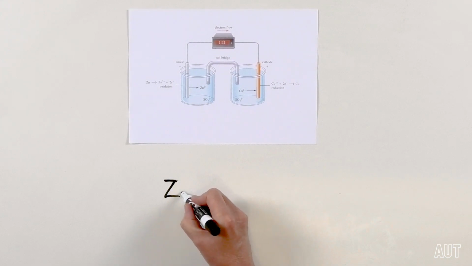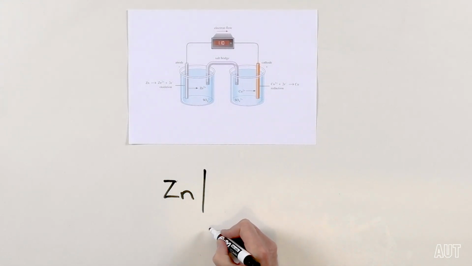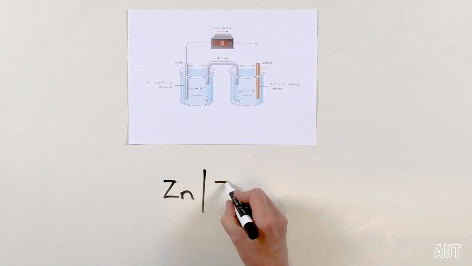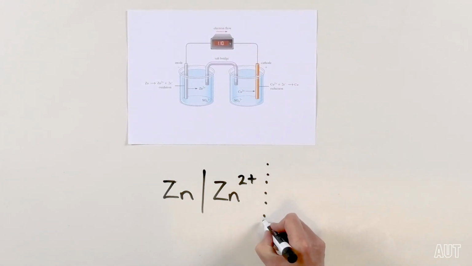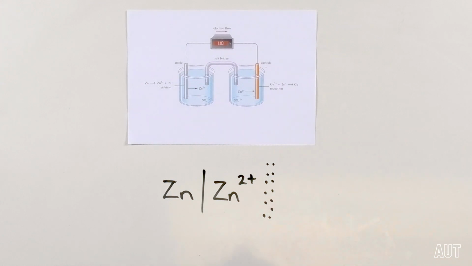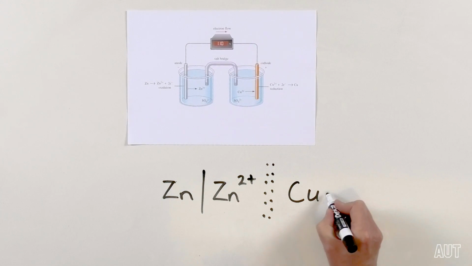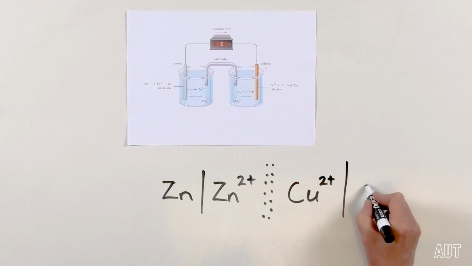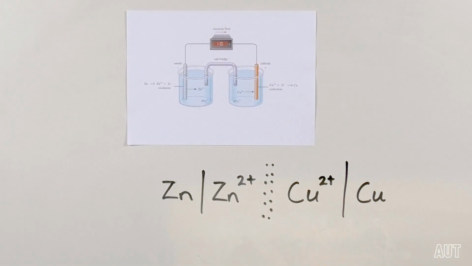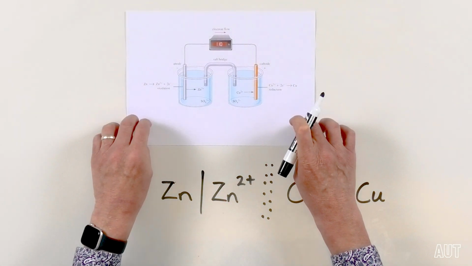We are going to take solid zinc, and we're going to have a vertical line between it and zinc 2+, and then we are going to have a double dotted line, and then we are going to have over here copper 2+ and a solid line and copper, like so. So this here is the shorthand representation of our galvanic cell that we have here.